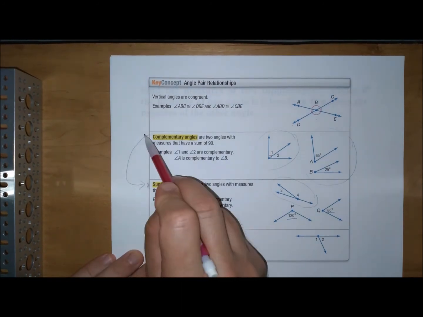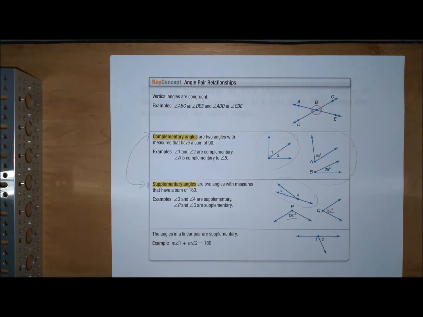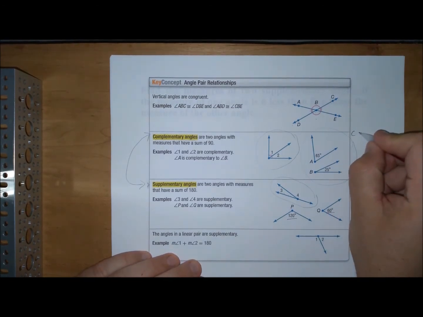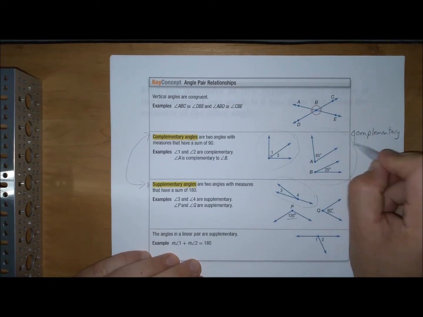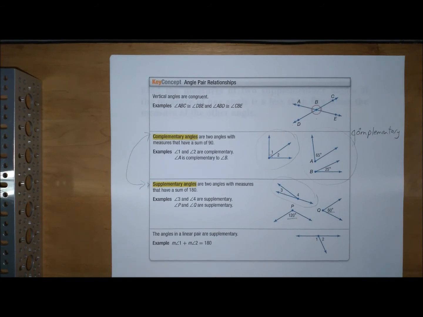All right, how do you keep these two straight? When I was in high school, I was always mixing these up. And I couldn't remember which one was complementary and which one was supplementary. So here's what I came up with. Complementary. Okay. Complementary. I'm just going to put a line right there. And I have 90 degrees. See that?